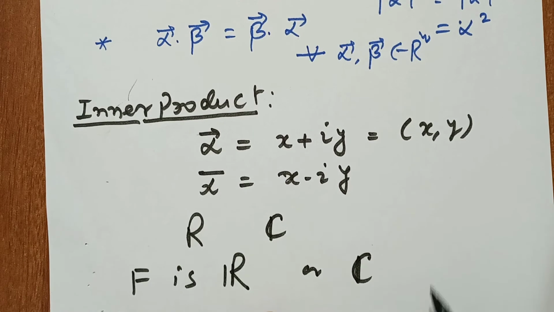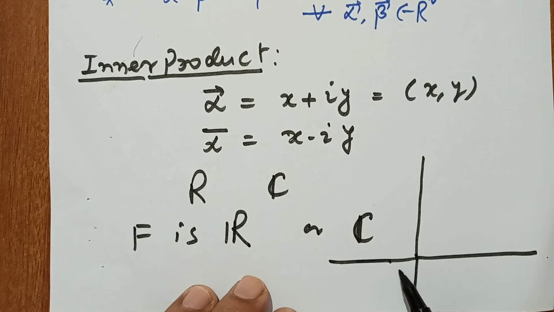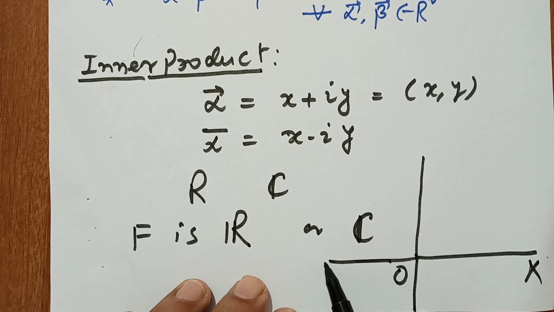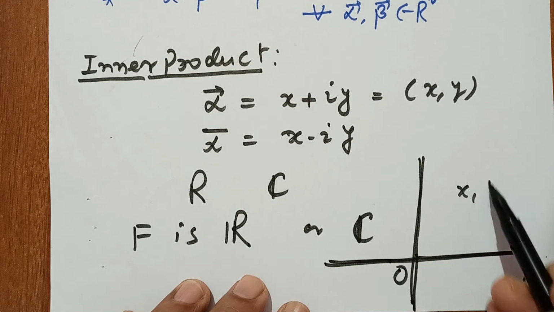As we know, in the complex plane, this is the real axis and this is the imaginary axis. Any point x, y in the complex plane lies at x, y.